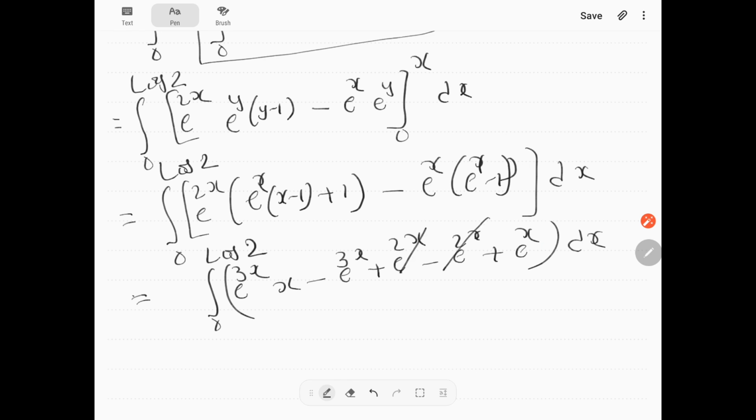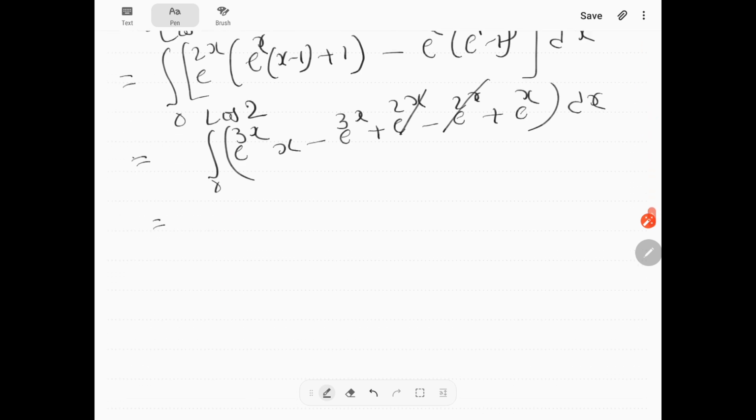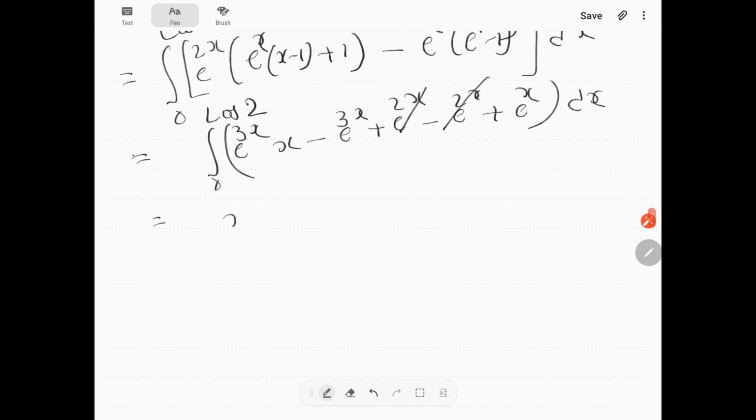If I integrate this, first function into integral of the second, that is e power 3x by 3, first function into integral of the second, minus integral of derivative of the first is 1, integral of the second is e power 3x by 3, and after this I need to evaluate. If I evaluate, I'll get e power 3x by 9. So that I am putting here, e power 3x by 9.